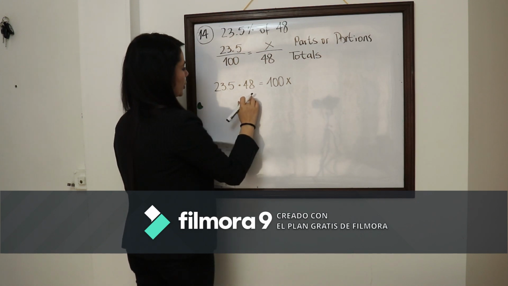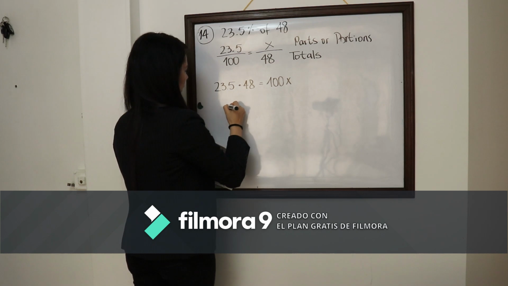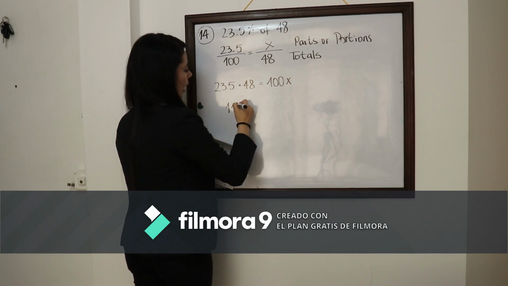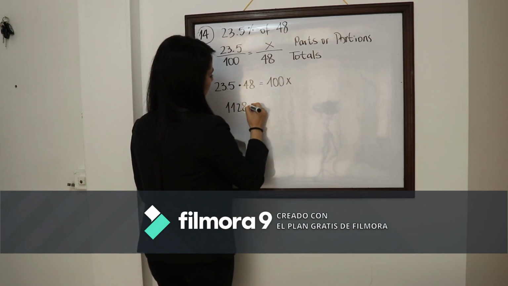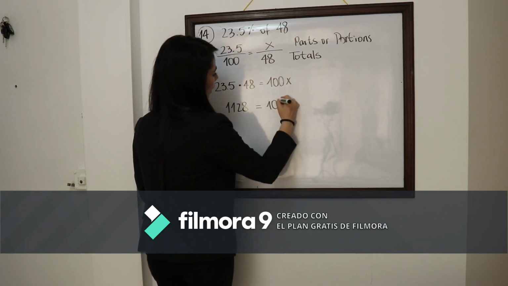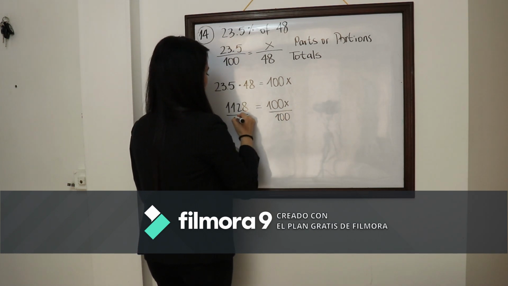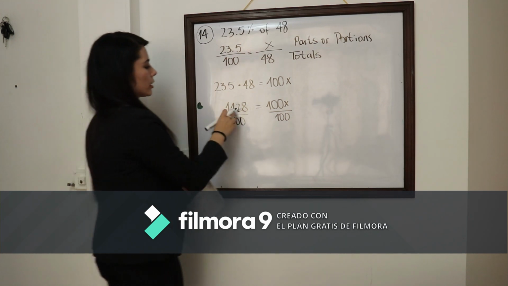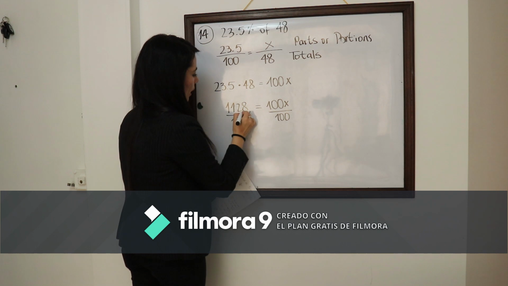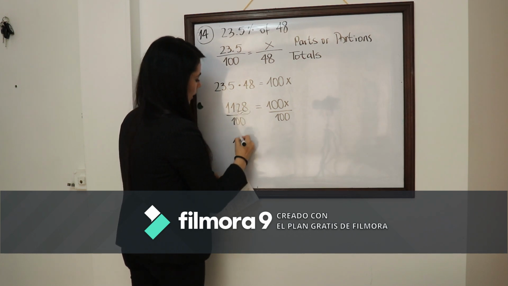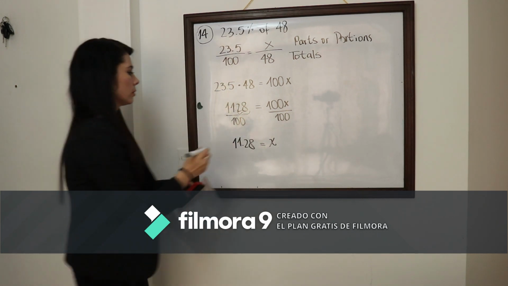And this multiplication, I can just get 1,128, and then that's going to be equal to 100x, and I'm just going to divide by 100, right? And it's just a matter of moving the decimal point, remember that. So it's going to be once and twice, so we know 11.28 is going to be equal to x.